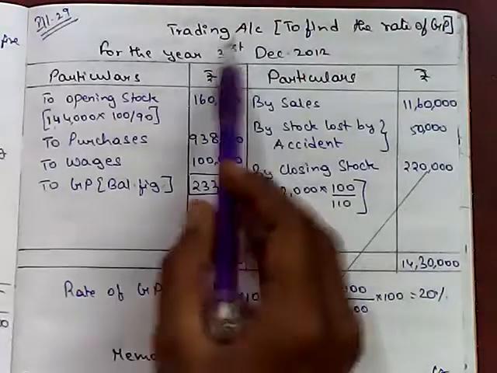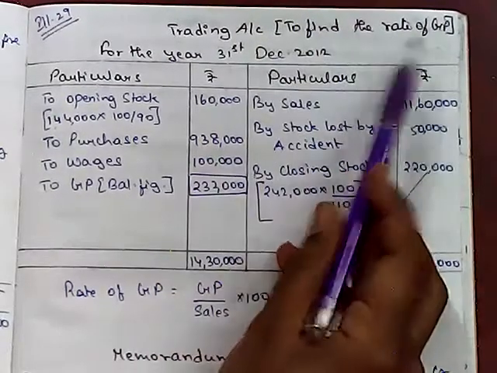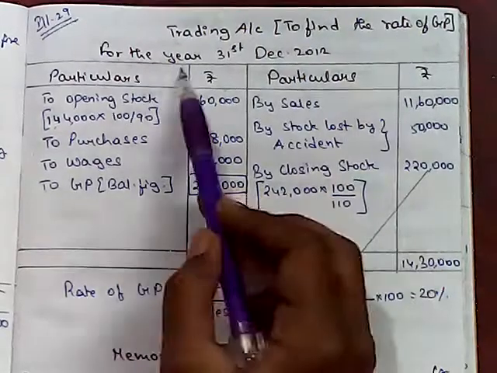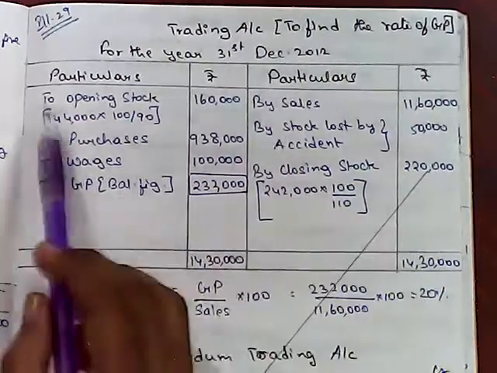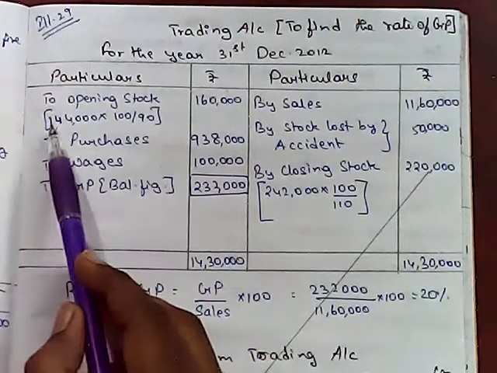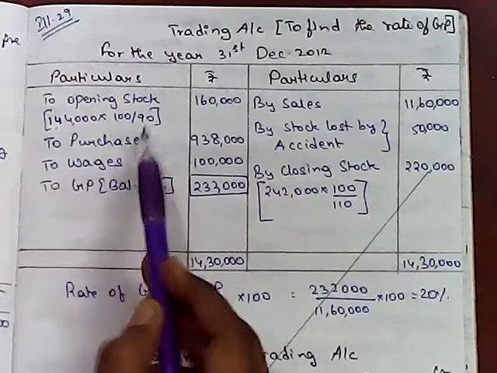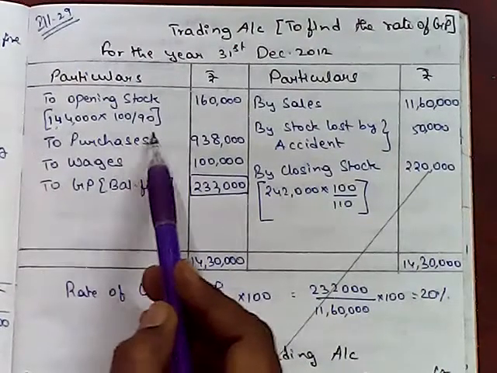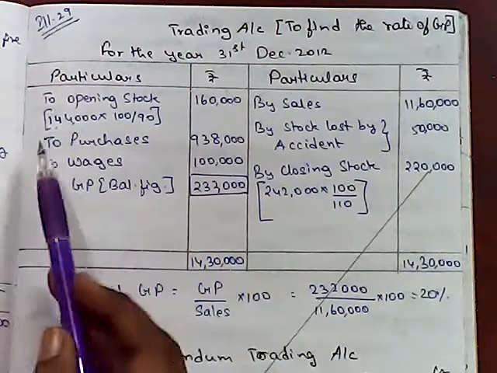Okay, so trading account, this is just to find the rate of gross profit because it is not given in the question. So for the year 31st December 2012, we have opening stock as 1,44,000 into 100 by 90, because the opening stock is reduced by 10%, which is 1,60,000.